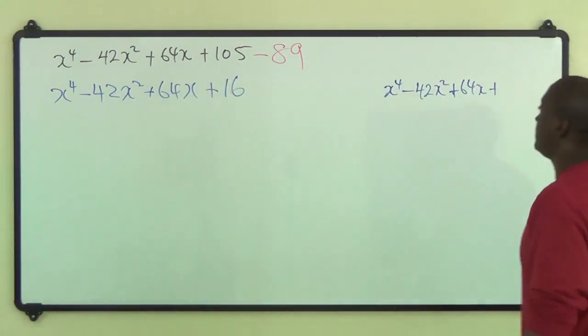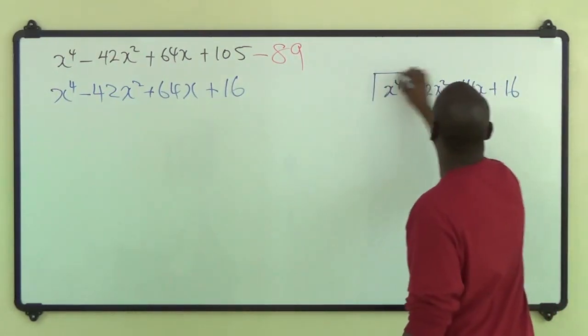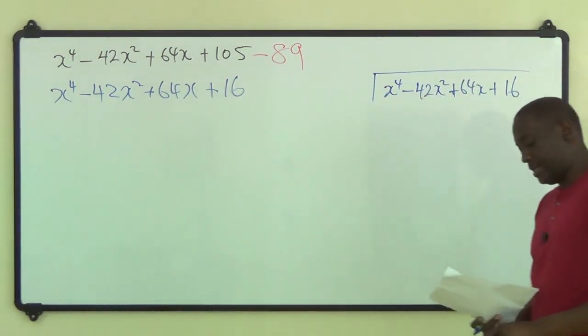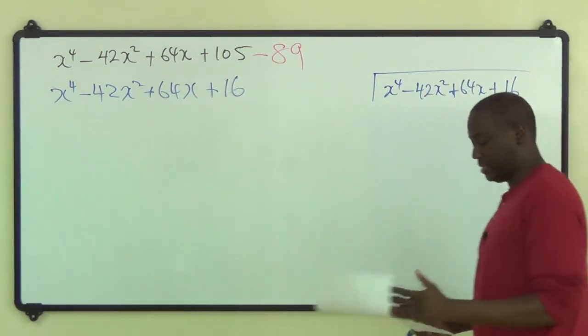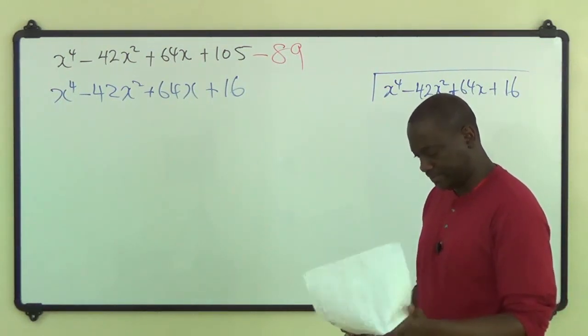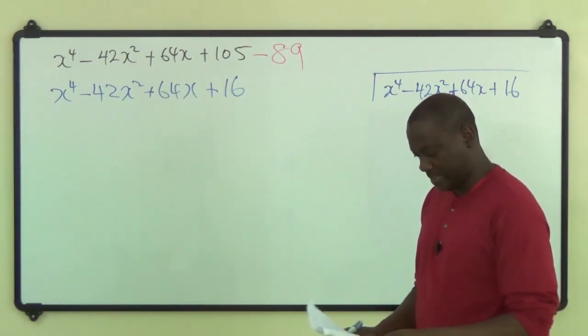My mistakes. Plus 64x plus 16. All right? And we're dividing this by, let me see, we're taking one of the quadratics from what we had used before. We have this on this paper, man.